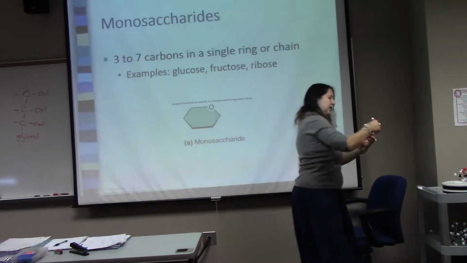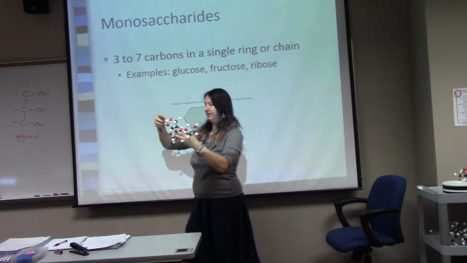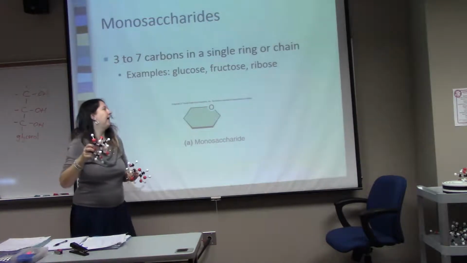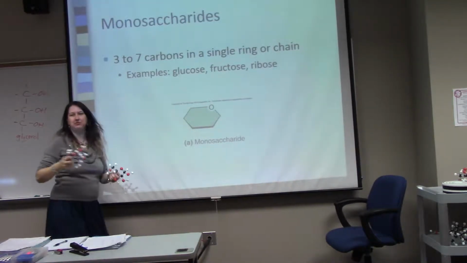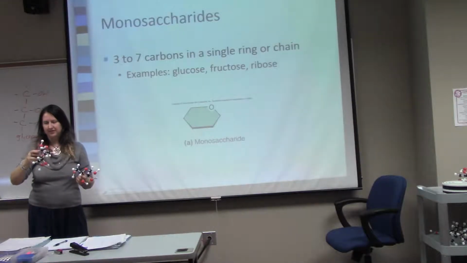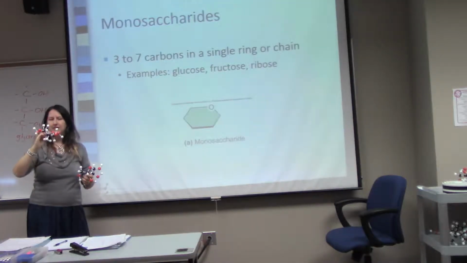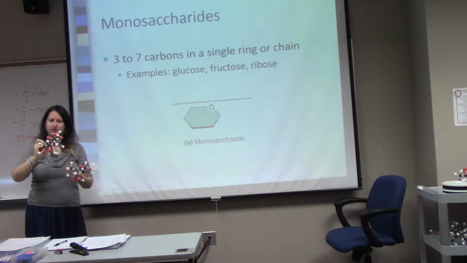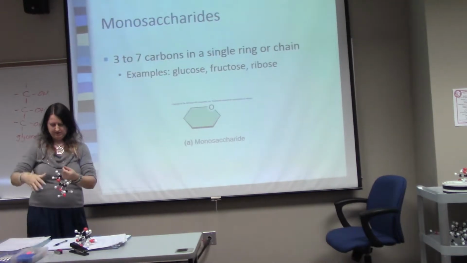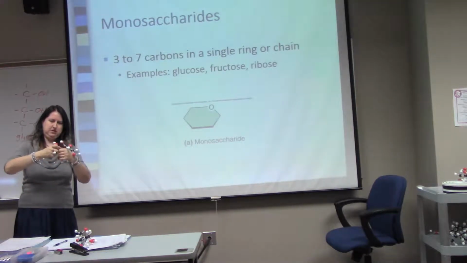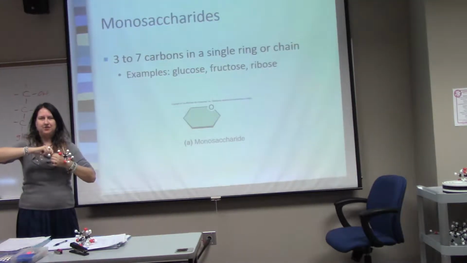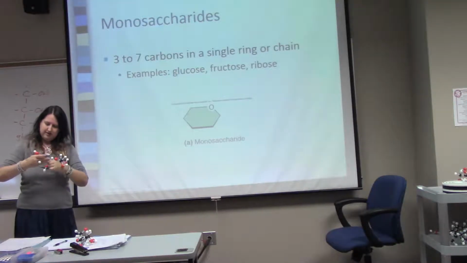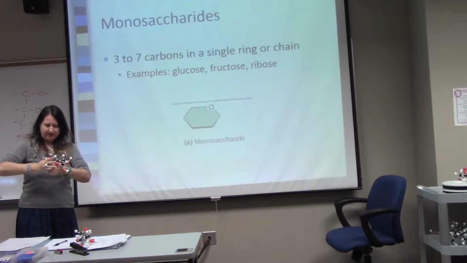Disaccharide. So I have here two models of monosaccharides. This ose ending refers to sugars. Anything that's named ose is going to be a mono or disaccharide, or at least a carbohydrate.